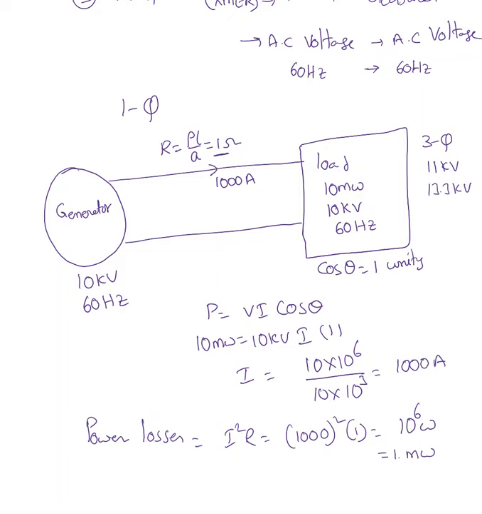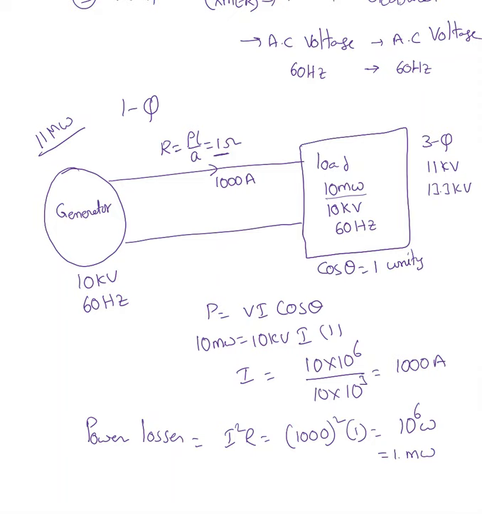To supply 10 megawatts of power, we are almost wasting 10% of the power in the transmission system. This generator has to supply 11 megawatts, so out of 11 megawatts, 1 megawatt is wasted in the transmission line, converted into heat energy. So this transmission line is constantly producing heat.